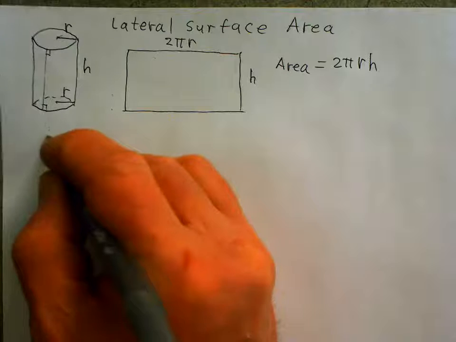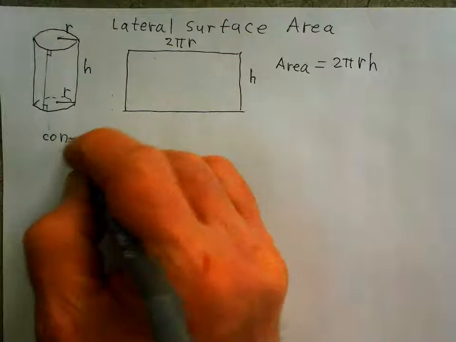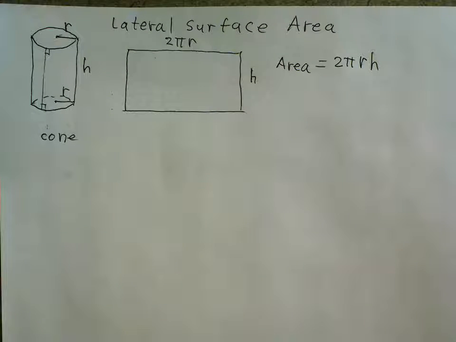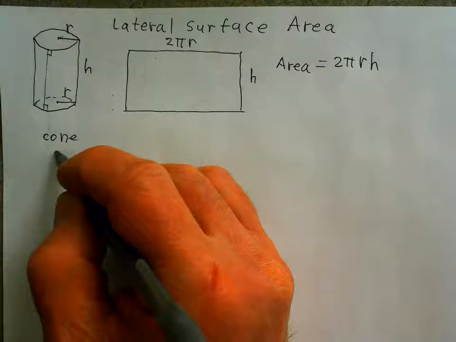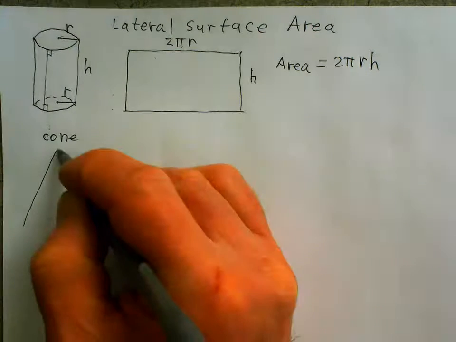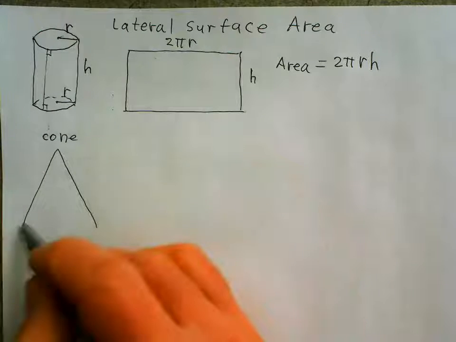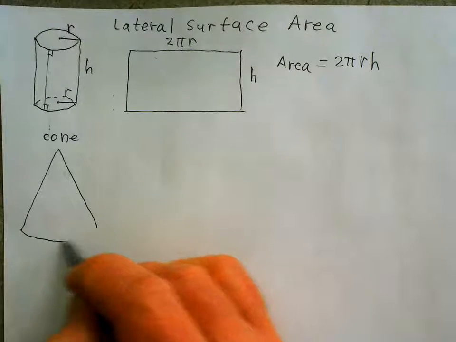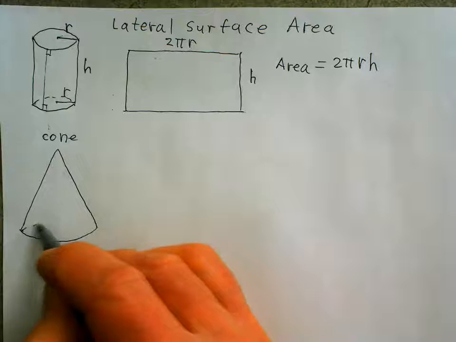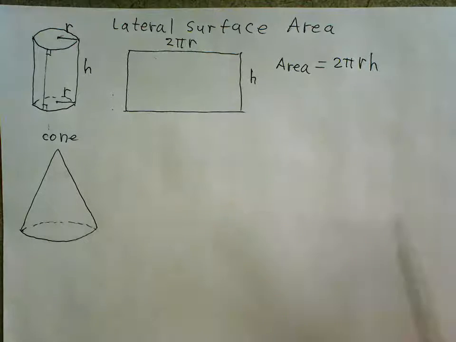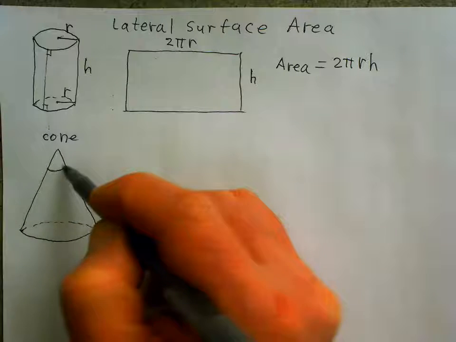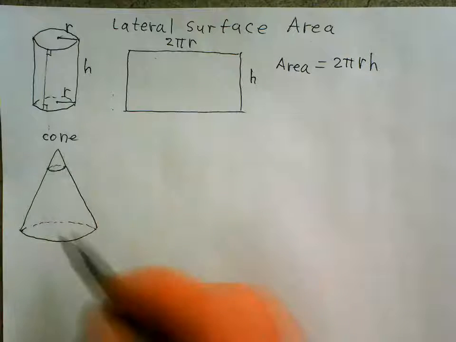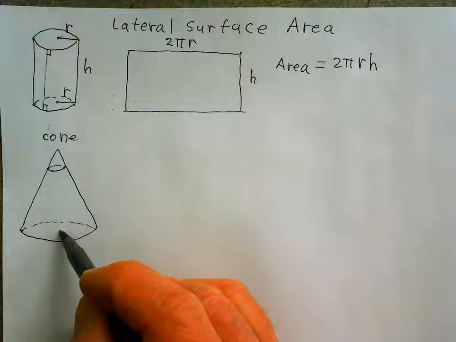Okay, the next object is a cone. So this is supposed to be a cone. One side is pointed, and the other side is a circle.